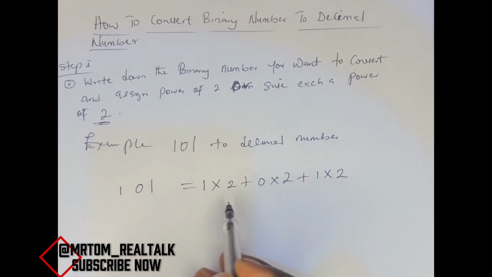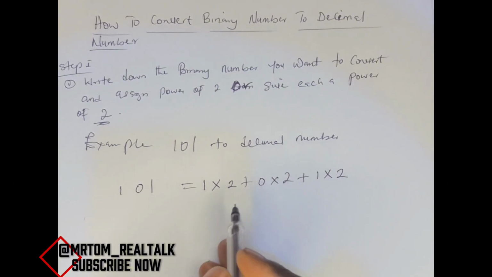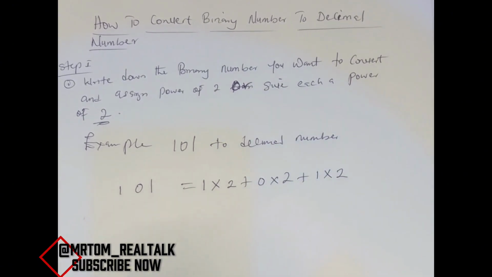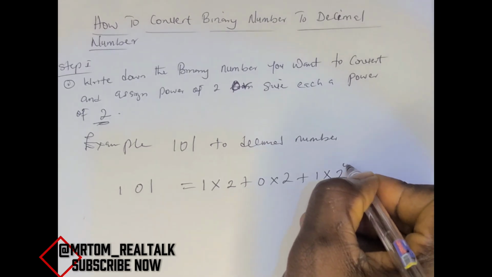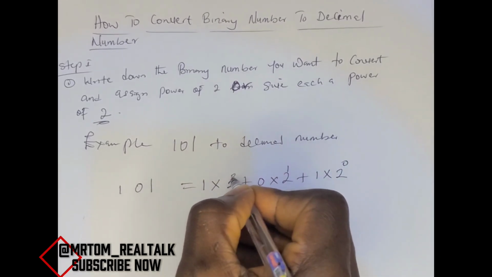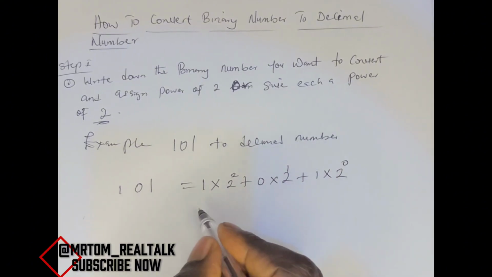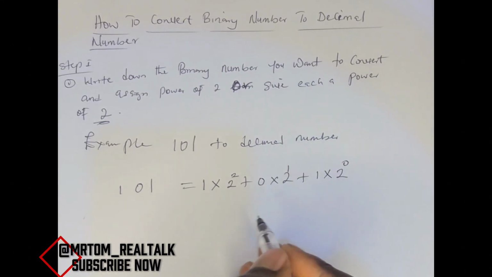Now we raise each 2 to a power, starting from the right: 0, 1, and 2. When you multiply through, it will give you the decimal number.